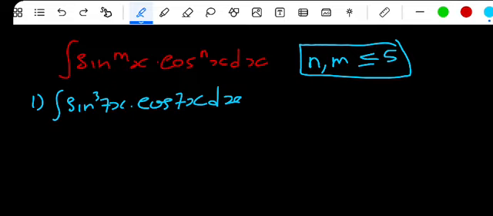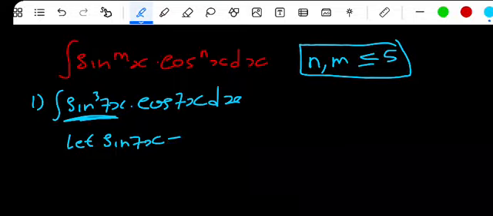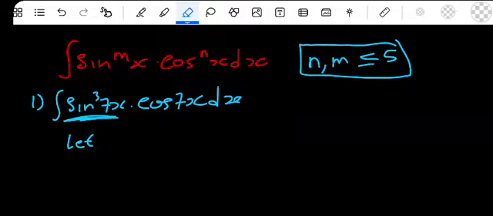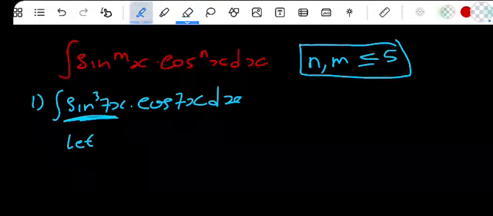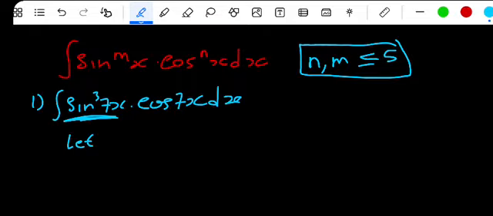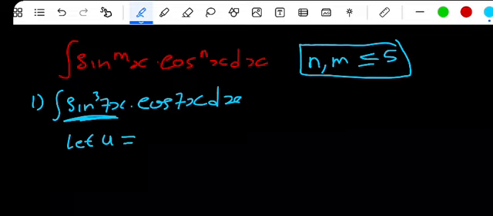The one which is raised to a certain power, let that be u. Let u be equal to sin 7x.